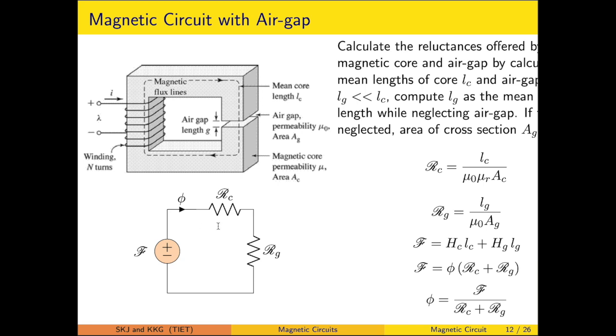However, when writing the relationship, the MMF is equal to the flux multiplied by the reluctance of the core plus the reluctance of the gap.